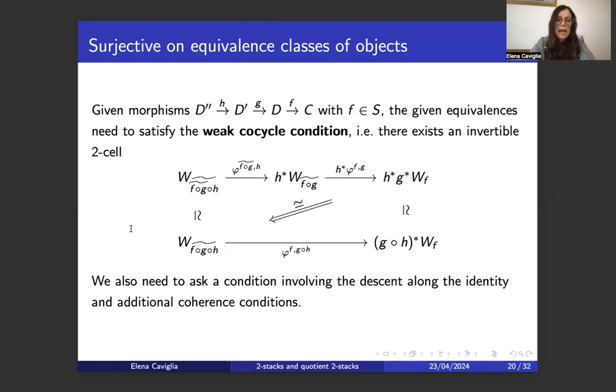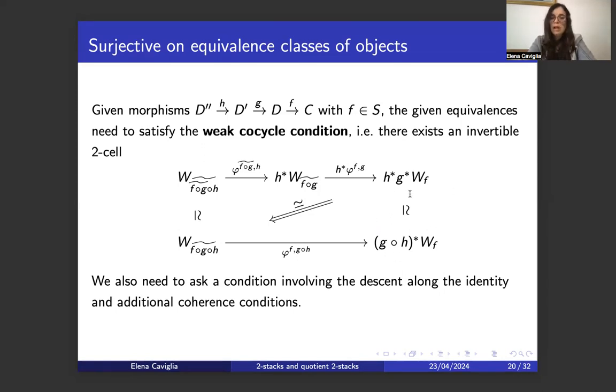And again, we have a cocycle condition, but this cocycle condition is weak in the sense that it is not a commutative diagram anymore. It's not an equality of morphisms, but here we get an invertible two-cell. And this time we have two canonical isomorphisms. The one on the right is given by the fact that F is a triomorphism.